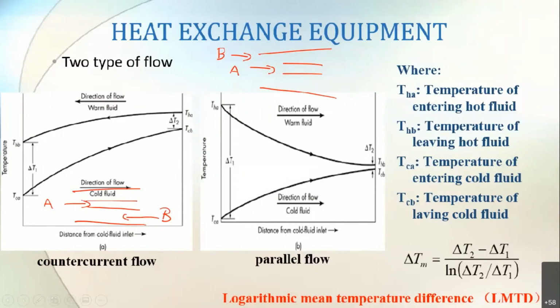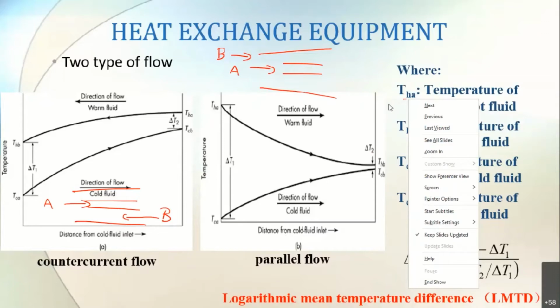Whenever you have a heat exchanger, you will have 4 temperatures, because you will have 2 temperatures for fluid A and 2 temperatures for fluid B. So we define them here as THA, THB, TCA and TCB. THA is defined as, the TH is the temperature hot.